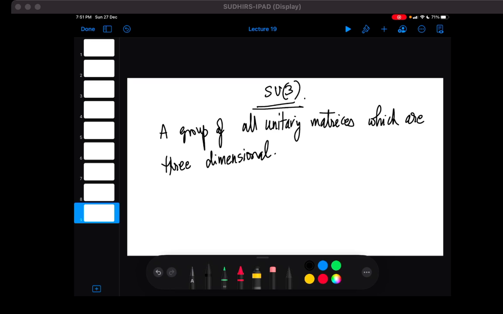Now for a general n, we know how many free parameters there are. For a general SU(n), there are n square minus 1 free parameters.